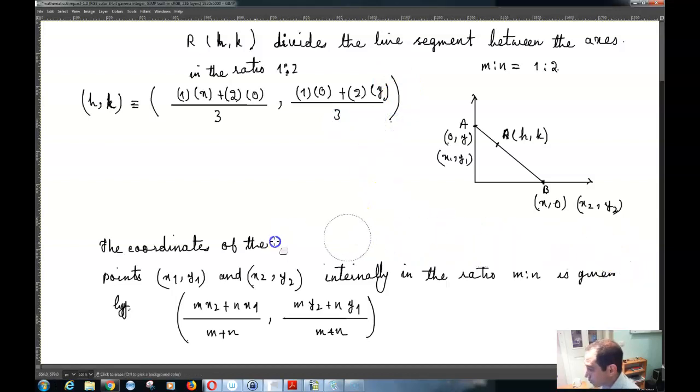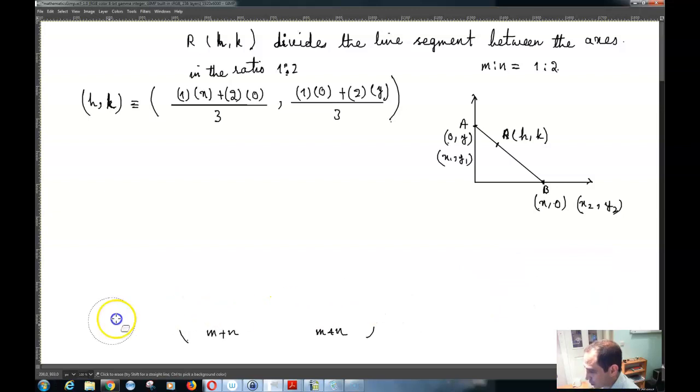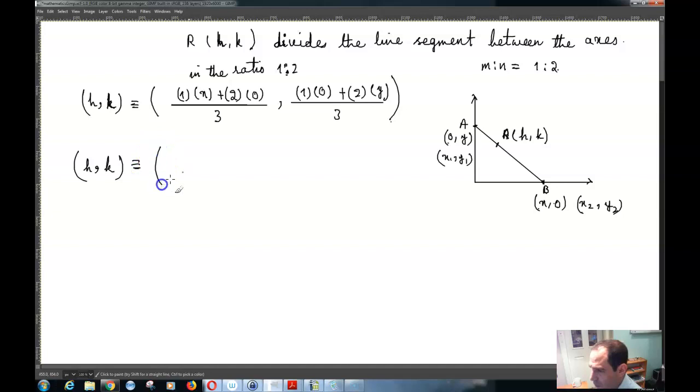And so what we have over here is basically h comma k is equal to 1/3 x, and over here you have 2/3 y. So this means that h is equal to 1/3 x and k is equal to 2/3 y.